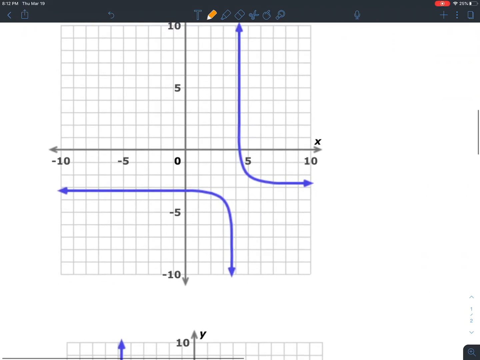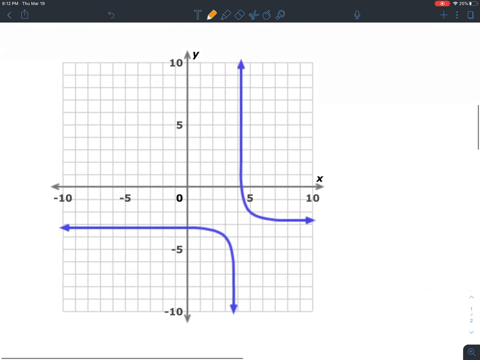Okay, let's try that again. Try to figure out what our vertical asymptote is and what our horizontal asymptote is. Our vertical asymptote is when x is 4. And I can just look here, the horizontal asymptote is when y is -3.